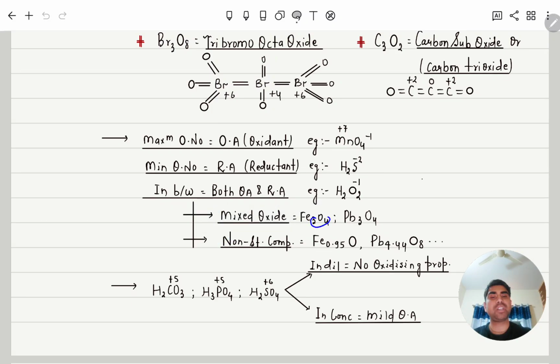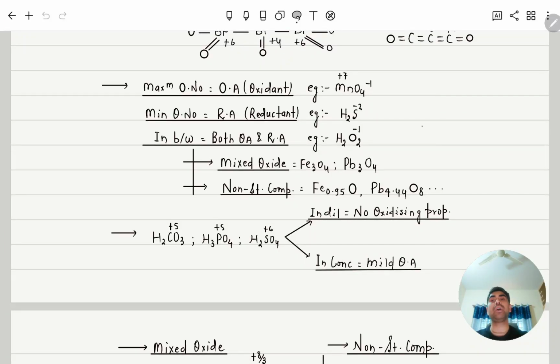Compounds having a whole number ratio are called stoichiometric compounds. But where a whole number ratio is not there, such compounds are called non-stoichiometric compounds. Non-stoichiometric compounds are also mixed oxides, meaning they also behave as both an oxidizing agent and a reducing agent. Like here you can see Fe0.95O.